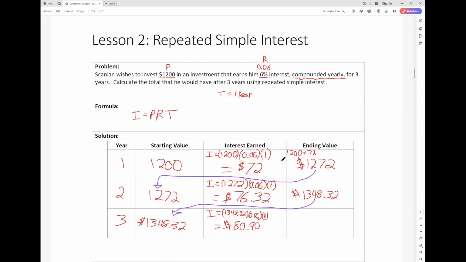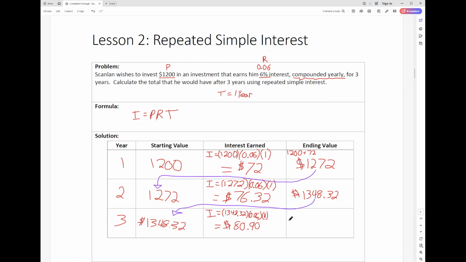But when we put that $72 back in and we increase our starting value amount, every time our interest earned gets larger and larger, $72, $76, $80, right? And that pattern continues. And when you leave that for a lot of years, it ends up being a lot of money in the end because, well, we're increasing our starting value every year.